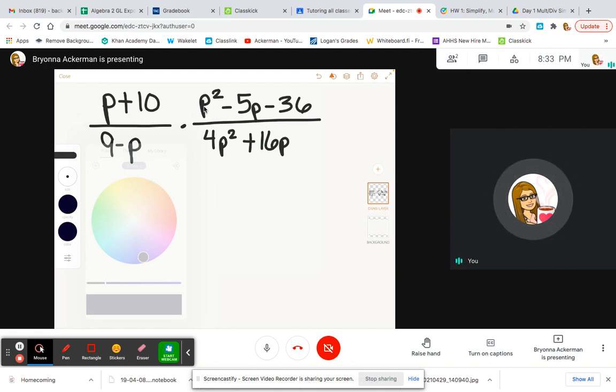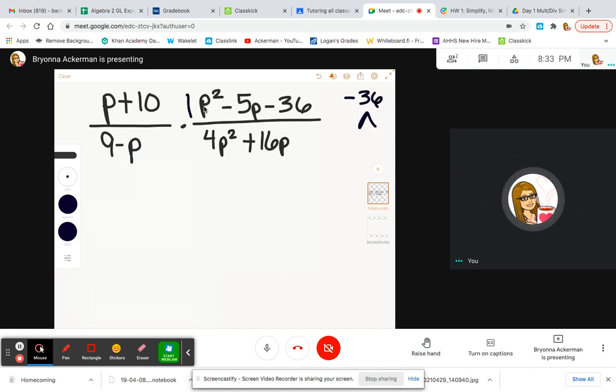The best way to probably factor this is the AC method. So A in this case is 1, so 1 times C is that negative 36. We ask, what number times what number gives me negative 36, but when I add them together gives me this negative 5 right here?